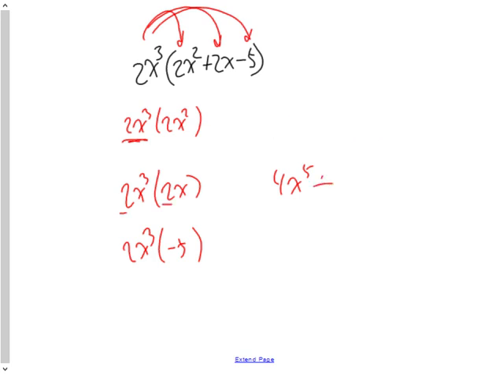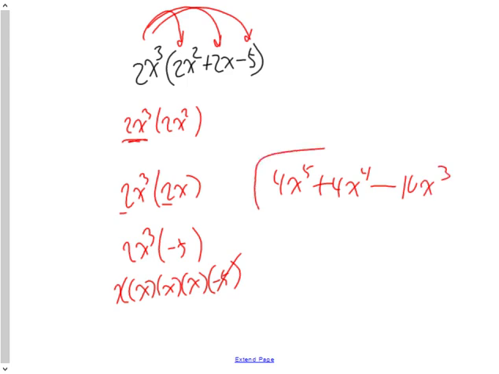This would be plus 4x to the 4, because x cubed and x equals x to the 4, minus 10, because if we think about this multiplied by negative 5, these two would make negative 10 and x cubed. And you cannot add those any further because they're not like terms. They have the same variable but not the same exponent. So you cannot combine them by adding them or subtracting them.